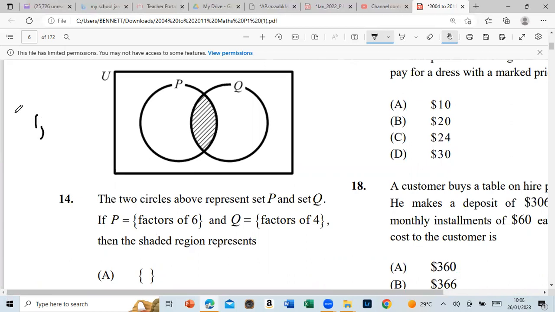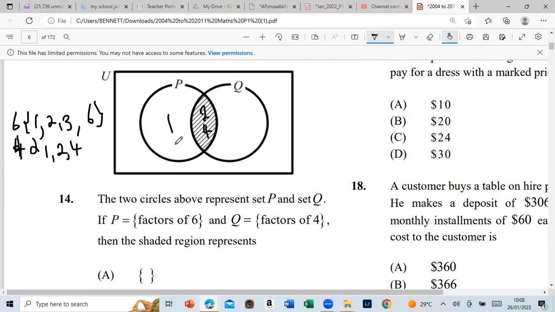1, 2. Factors are numbers that can go into it without remainder. 4. We have 1, 2, 4. So the elements that are common will be 2 and 4. So in here we have 2 and 4.